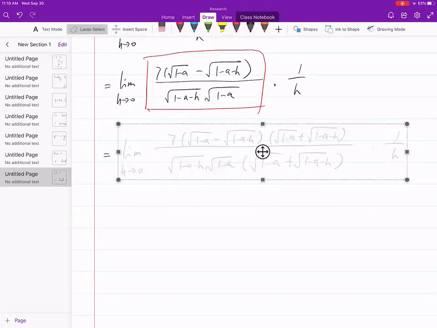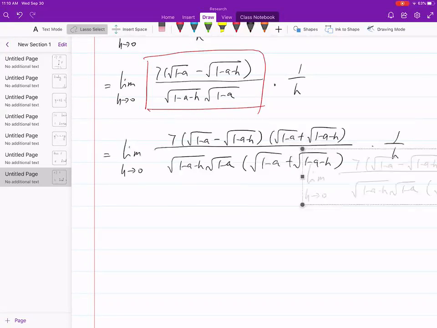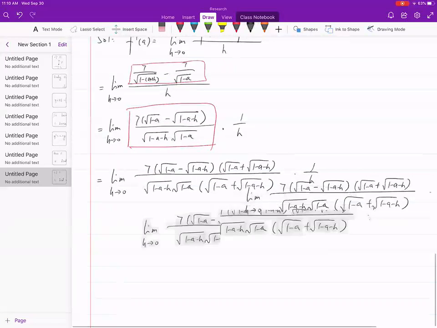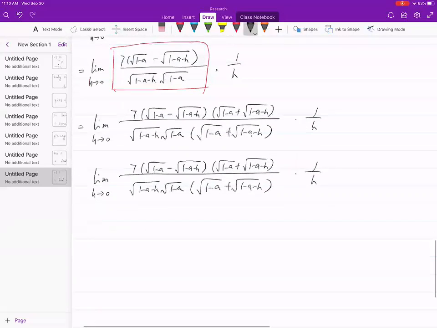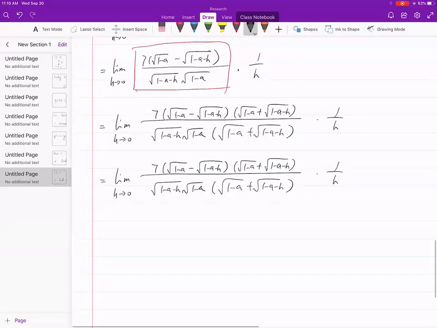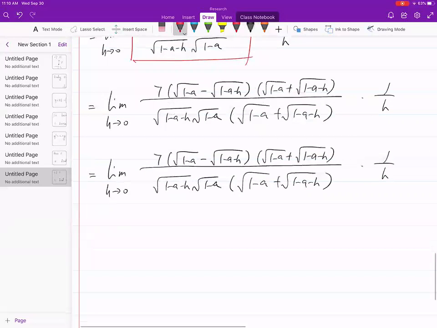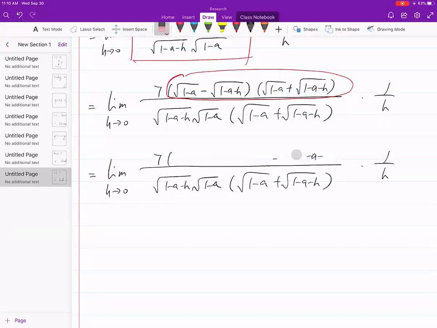Now let's try to simplify, by copying everything and focusing on just this part. That gives you the difference of squares.